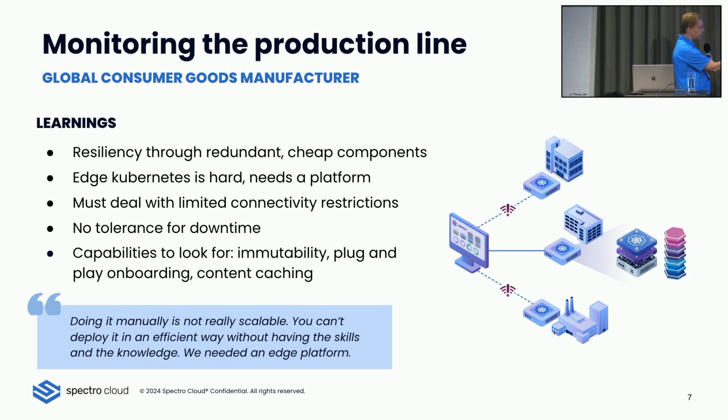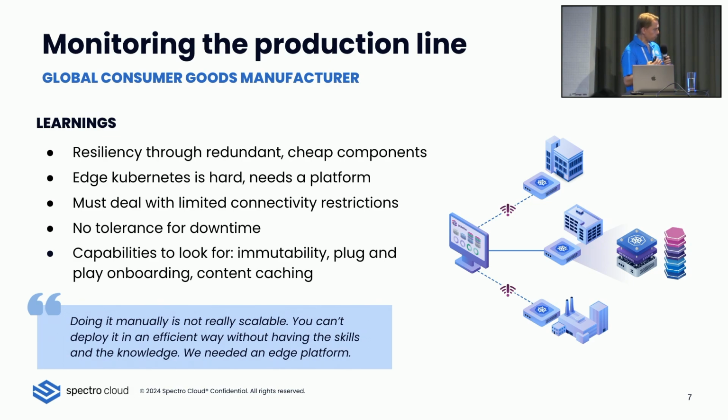You want something like plug-and-play onboarding, where they can ship out the devices, and when they're turned on, they automatically register into a management system so that they can be automatically deployed. You want things like content caching, where the system is shipped with a copy of the content that's necessary, all the container images that are required, and then when it deploys itself, it leverages this existing content cache so that it doesn't have to download all of these images over what might be a very terrible connection in these locations.